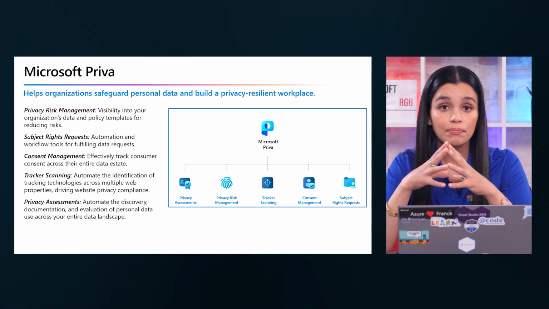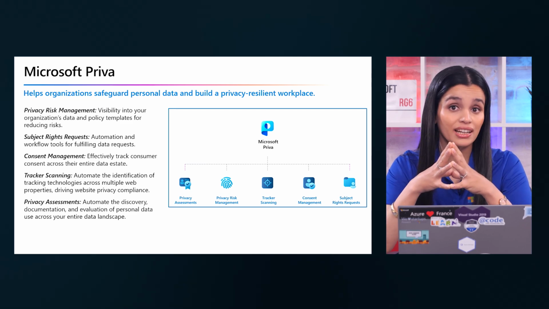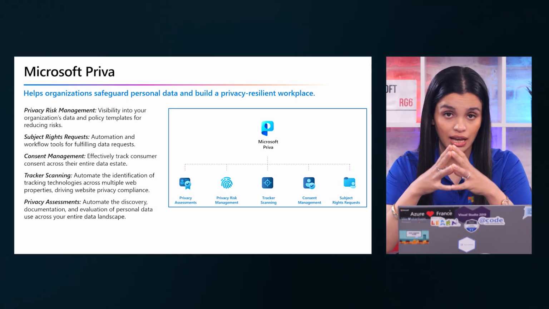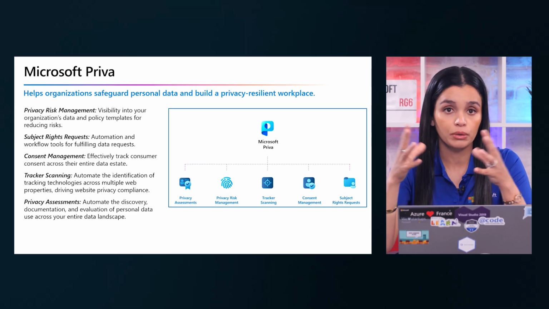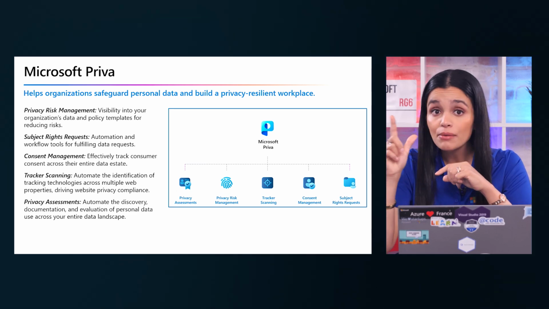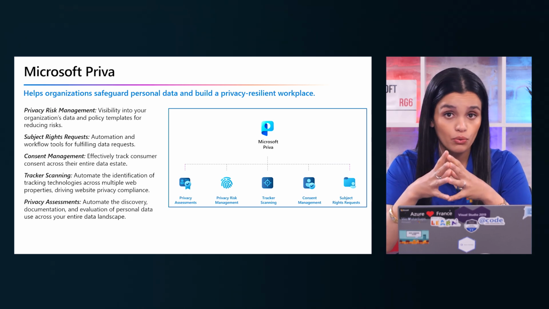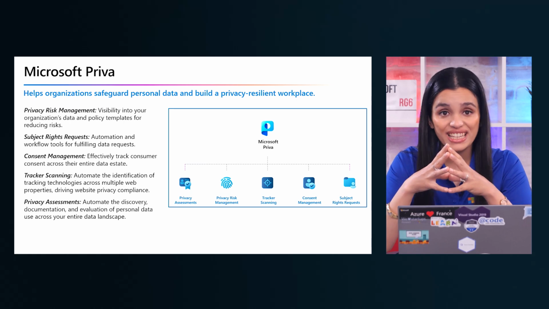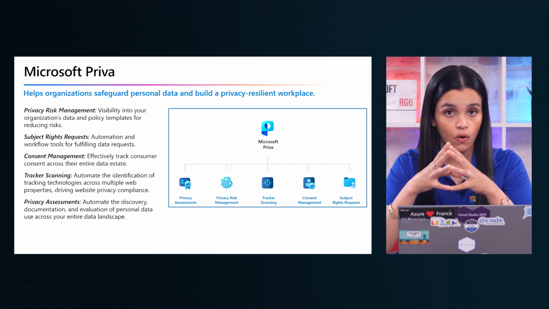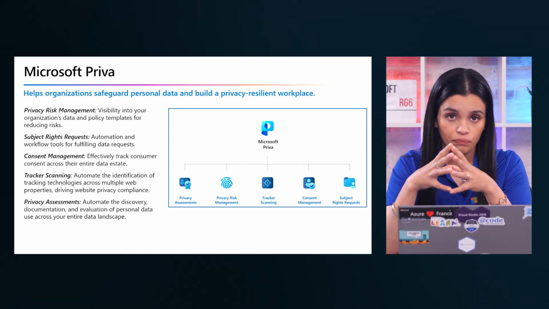Policy options in Privacy Risk Management can help you find issues in areas of privacy concern and guide your users through recommended steps for remediation. The Subject Rights Requests solution can address subject rights requests for data within your organization's Microsoft 365 environment or for data beyond Microsoft 365.